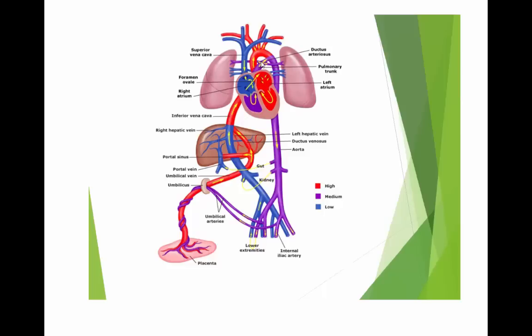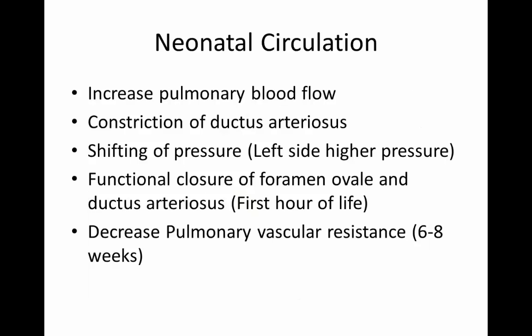So today we're going to be discussing all the shunting mechanisms and also the defects associated with atrial septal defect, ventricular septal defect, and many other congenital anomalies that could lead to cyanotic or acyanotic symptoms.